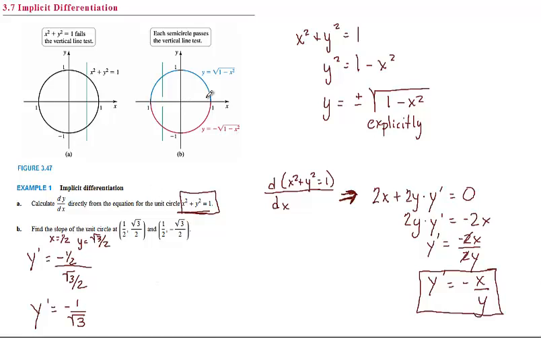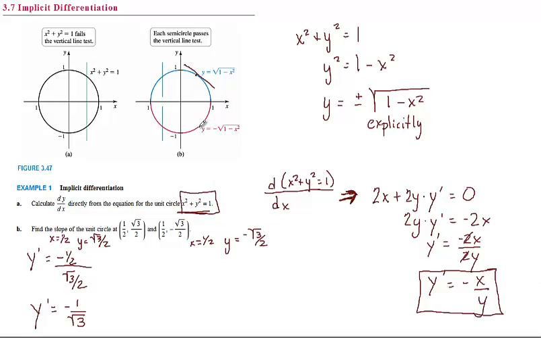If I were to look at that point on the unit circle, 1/2, square root of 3 over 2, I would see that that tangent line is indeed negative. Let's go to the next point. x equals 1/2, y equals negative square root of 3 over 2.